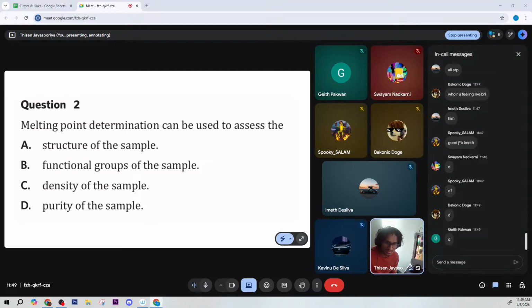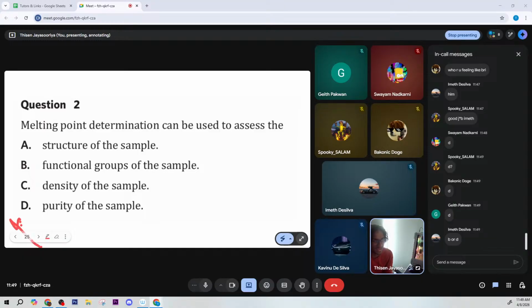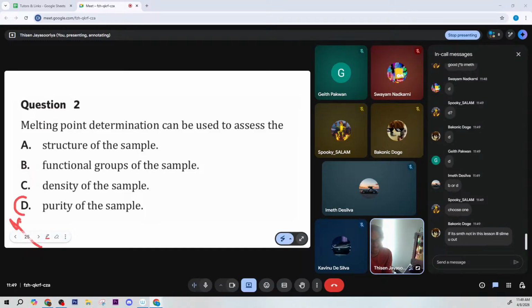D, D, D. We got D's all around. E or B, but you can't pick two. It's a multi. It's D. If it's something not in the lesson, I'll slime you. No, it's D.